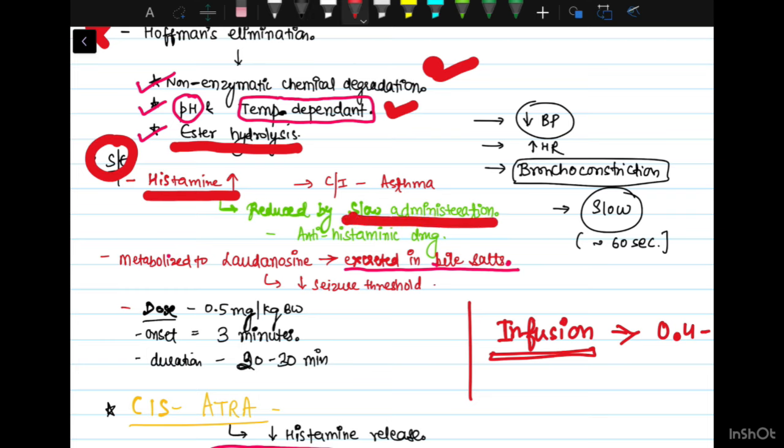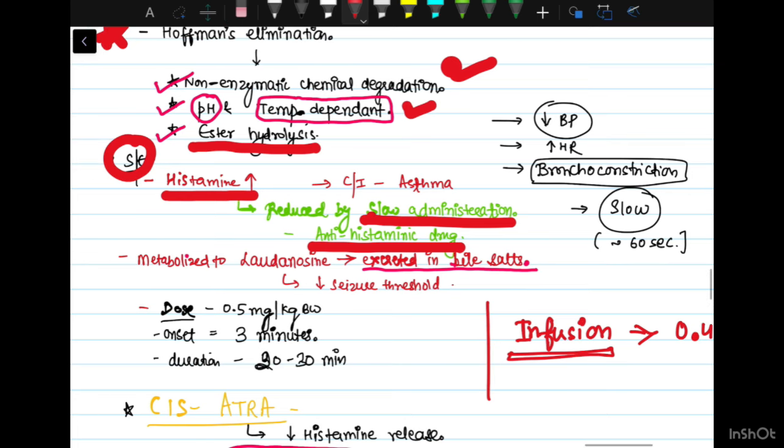Or you can give some antihistaminic drug, some H1 or H2 blocker, prior to giving atracurium. It should be contraindicated in patients already having a propensity for bronchoconstriction, so you have to avoid it in asthmatic patients.